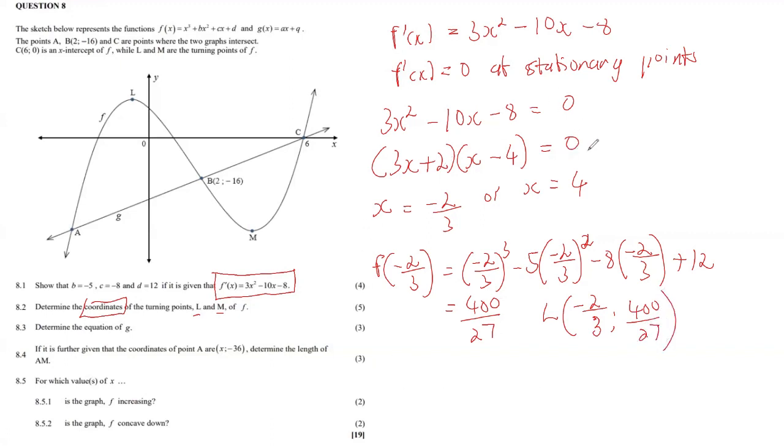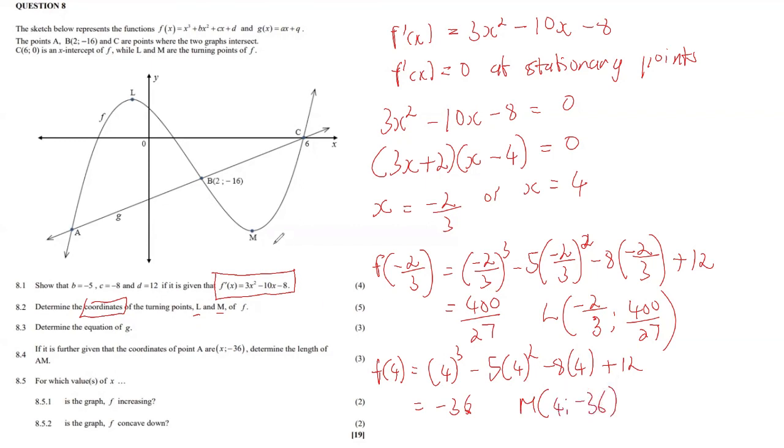But that's not the only coordinate that we have. We also have x equals 4. So again, we substitute into the original formula. Where there's x, we replace with 4, and then plus 12. When you punch all that into your calculator, the value that you get is negative 36. So the coordinates for M are (4; -36), which is the local minimum point.